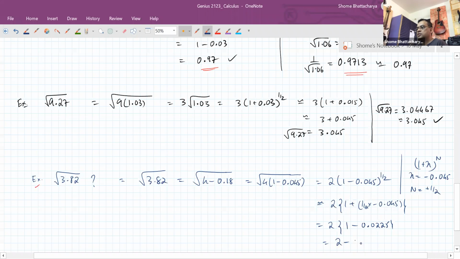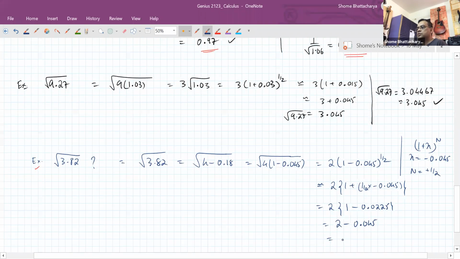So 2 minus 0.045. So that you can see will become 1.935955. And once again, you can check later with a calculator that is a reasonably accurate approximation.